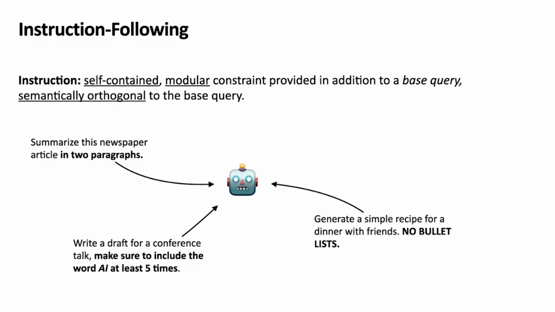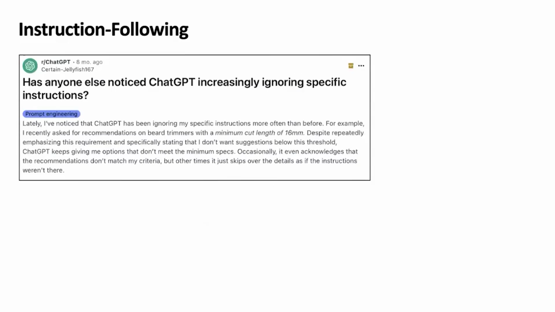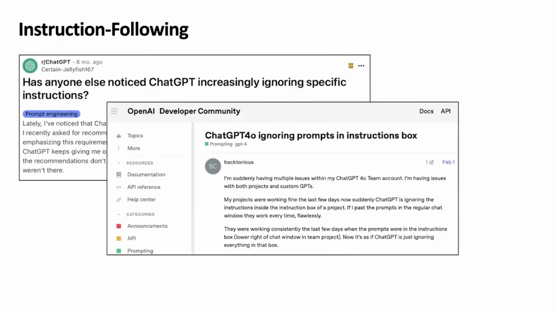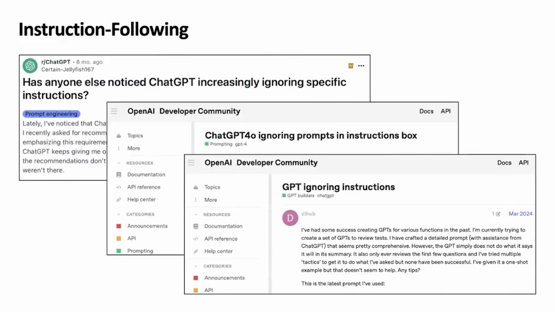I think everybody here has had some experience with language models not following their instructions and having to reiterate multiple times, maybe the same constraint. For example, don't use long dashes, which seems to be happening quite often for models like ChatGPT. Definitely, this happened to people on the internet, who complained a lot on Reddit and various OpenAI forums.